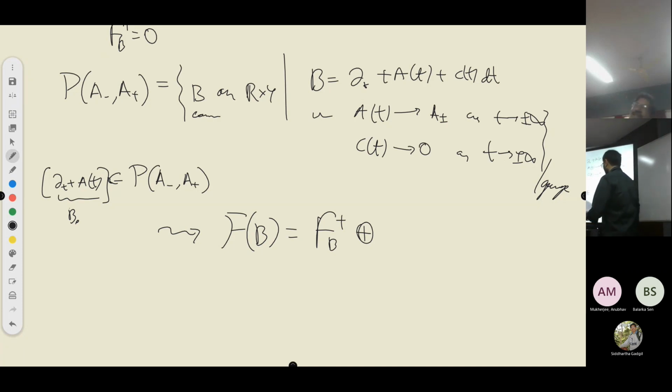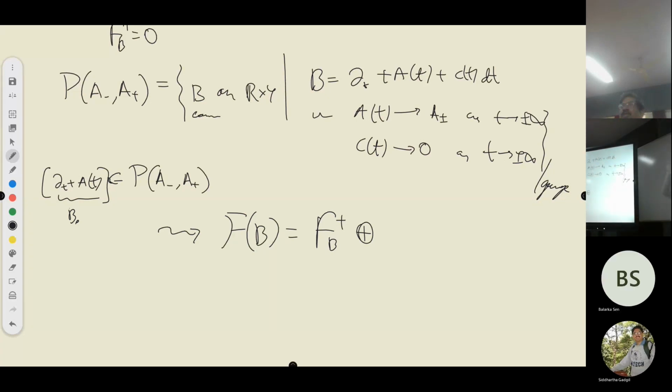But you wanted to preserve the boundary condition at infinity, right? So c of t should go to 0. Does that impose some condition on the gauge group? Yes. The gauge groups need to go to identity near the boundary, plus or minus infinity, but not to anything in the center. Anything in the center is fine.